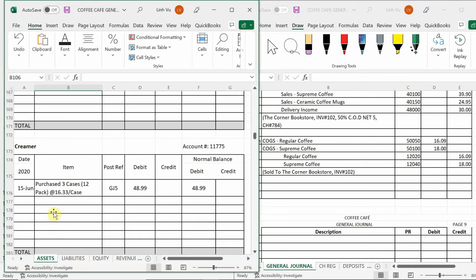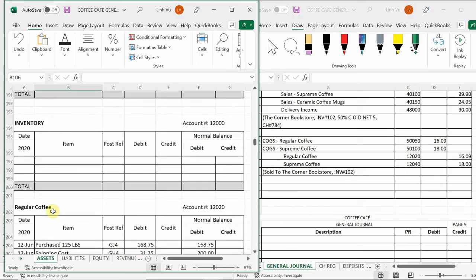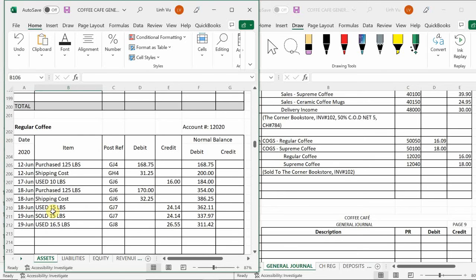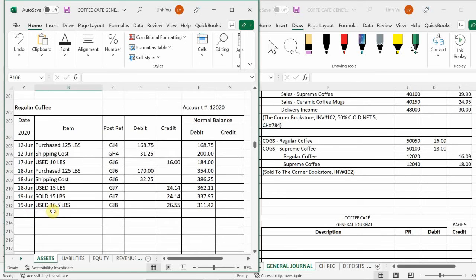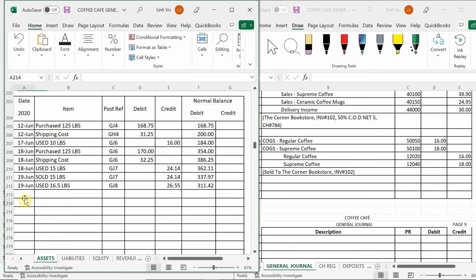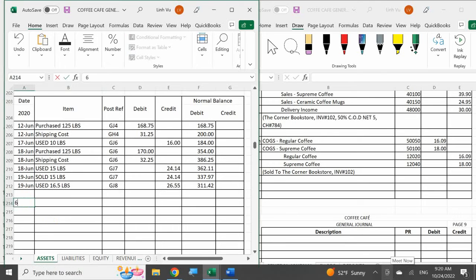Now I need to go to my inventory balances to update my inventory. So here we are, regular coffee. How many pounds did I sell? You sold 10 pounds.